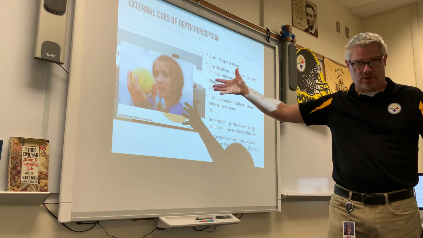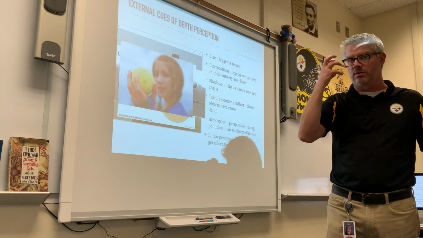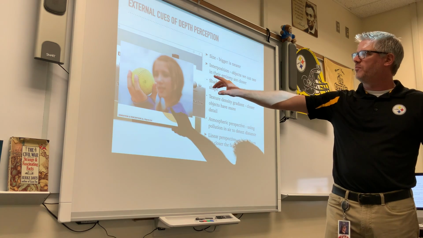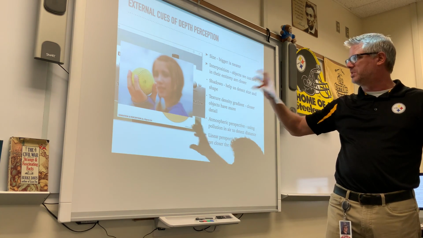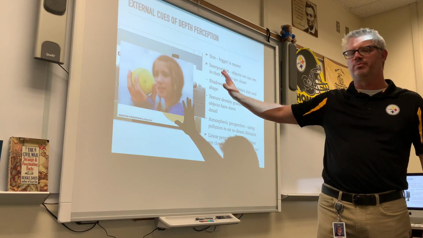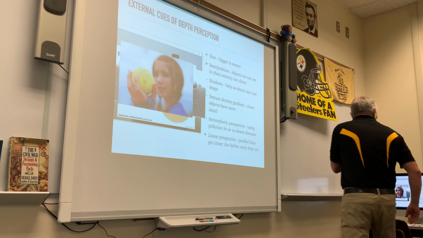It's a tool that you can utilize with camera lenses, but our brain is doing this as well with the lens of our eye. That hand with the softball is really sharp and you can see it perfectly. The girl's face behind it, which is further away, is blurry and not as sharp. So that's something we call texture density gradient.